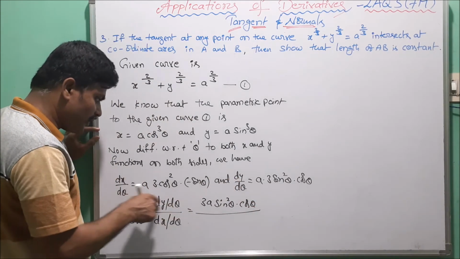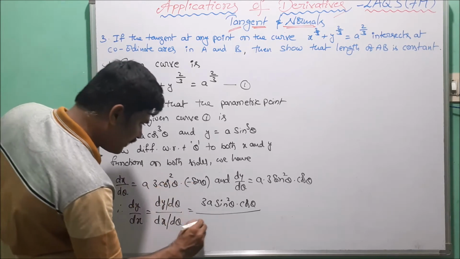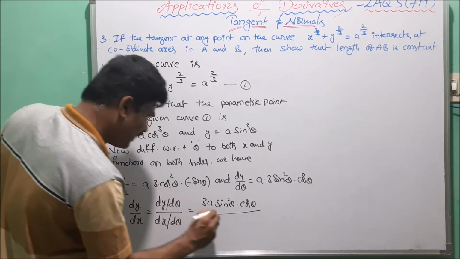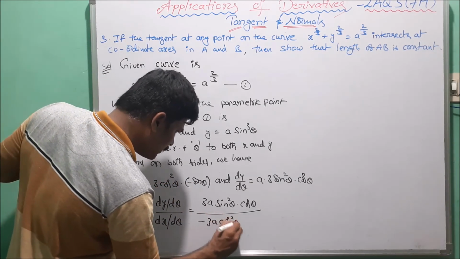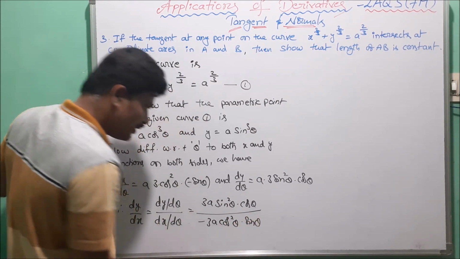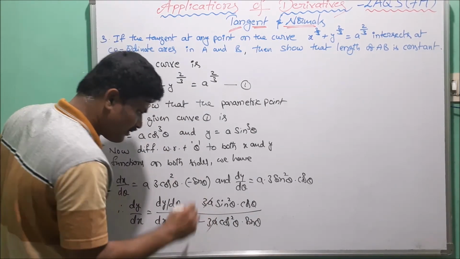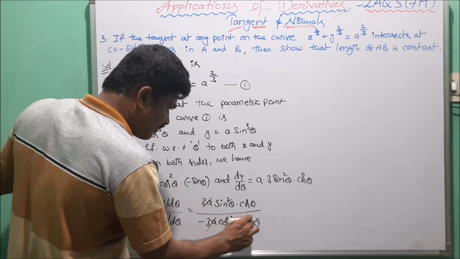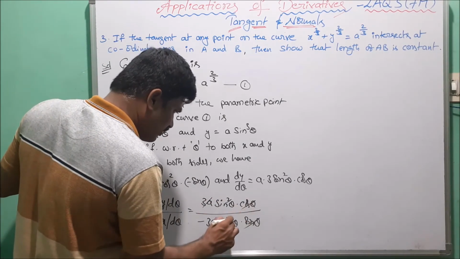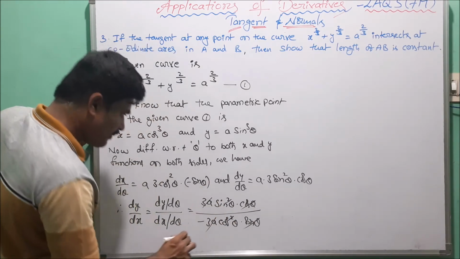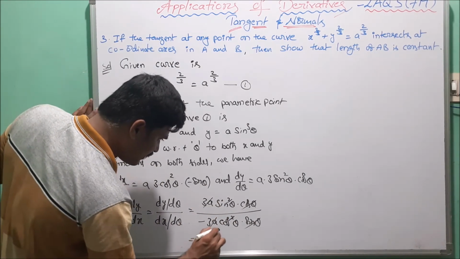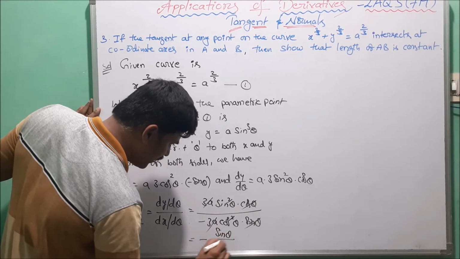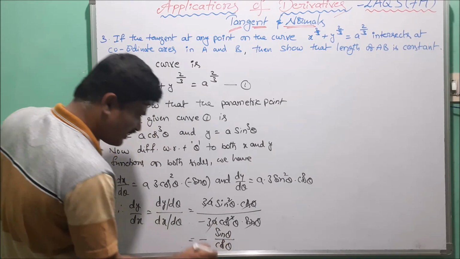And in the denominator we take minus 3a cos square theta into sin theta. Now in both the terms the 3s will be cancelled, one sin theta is also cancelled and one cos theta is also cancelled. The remaining value is minus sin theta by cos theta. Now this is minus tan theta.